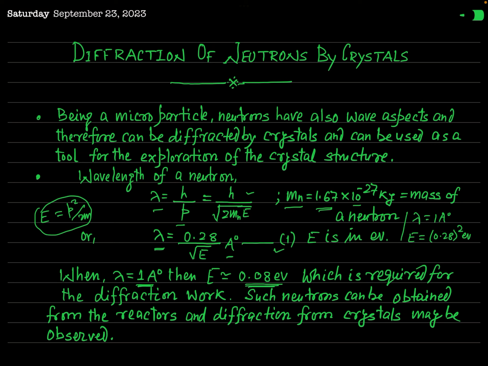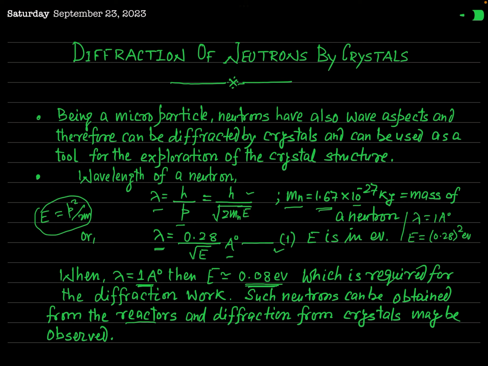Actually, the neutrons of energy 0.08 electron volt can be easily obtained from the reactors, and so we obtain such neutrons from reactors and make them incident on a crystal, and the neutron beam gets diffracted and we can observe it. Okay.